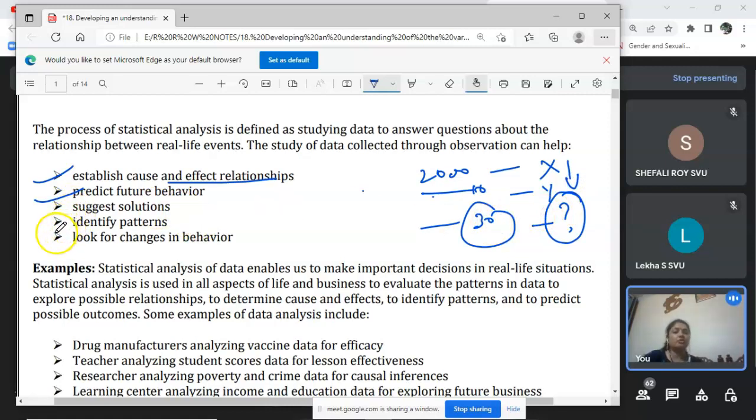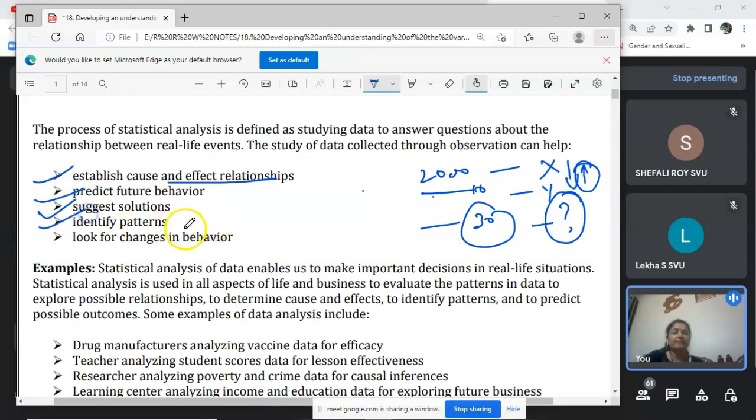Suggest solutions: if the tendency of population growth is very high, then how to decrease it and how to control it. We suggest solutions for that also.